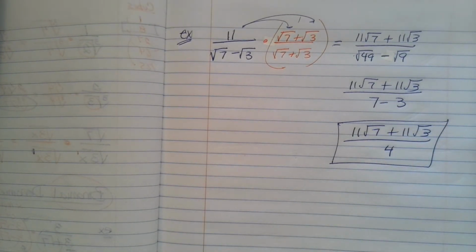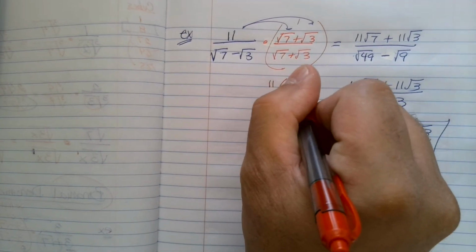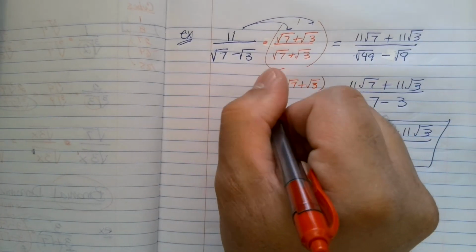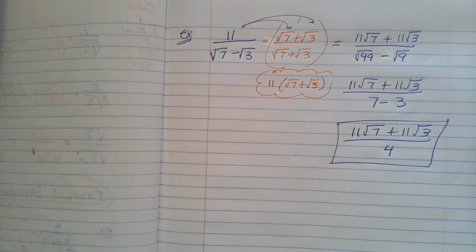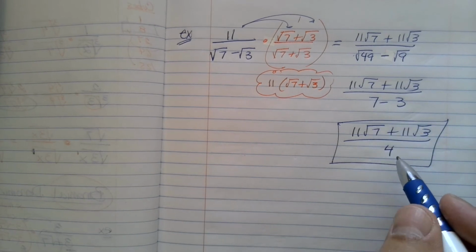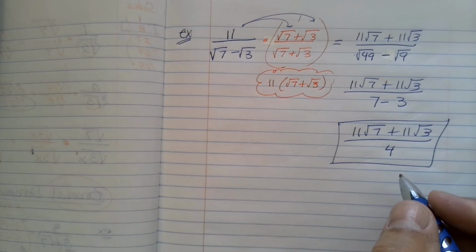So we distribute. Sometimes the book doesn't distribute. Sometimes the book writes this as 11 times 7 plus rad 3. Sometimes they leave it in that form. Either way is fine with me, but the denominator has to be simplified, and that's what we have there.